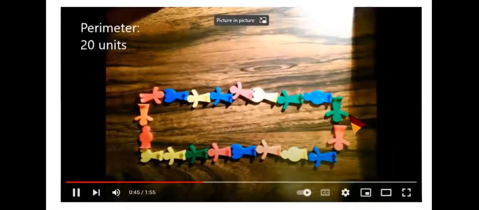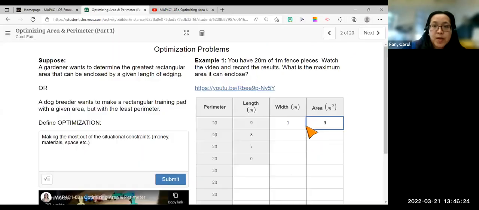Okay, so the second one, we've now created with the same fence pieces, a length of 8 and a width of 2. Now the area, length times width, we're going to have 16.